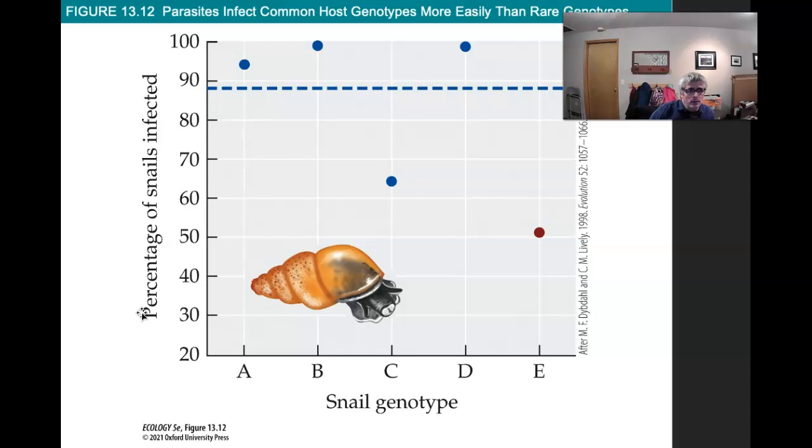So it's a way that parasites can alter the genetic structure of a population by having selective removal, right? And so selective removal is the basis for evolution. If all parasites attacked all genotypes the same, that wouldn't be a genetic selection tool. It would perhaps depress the population, but it would not be acting on an evolutionary scale.